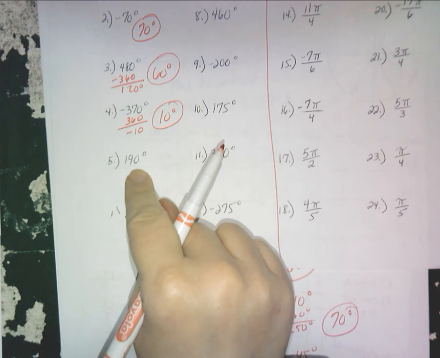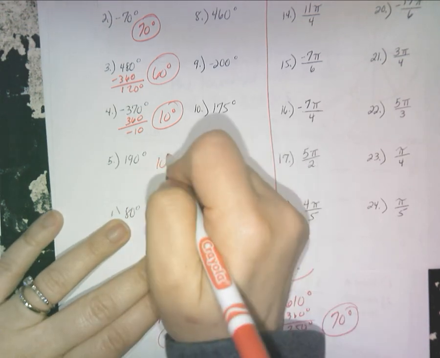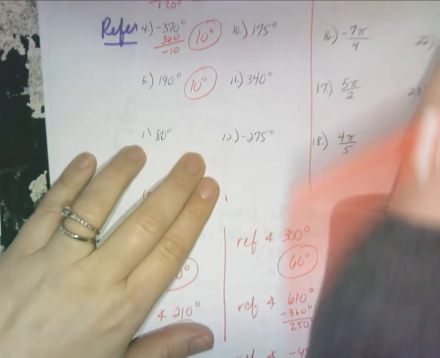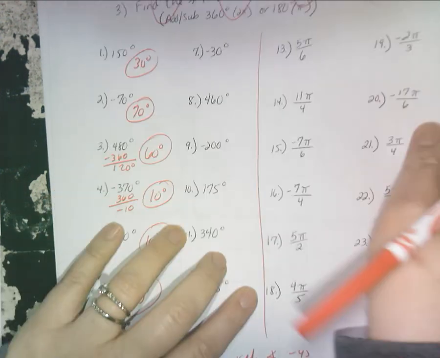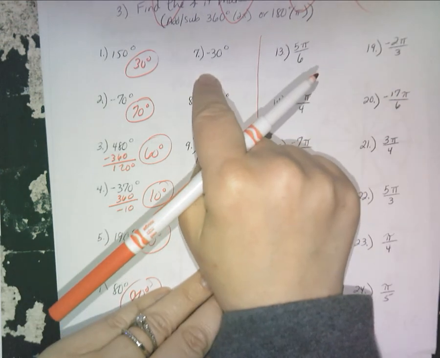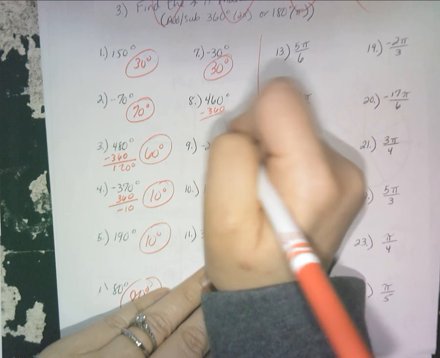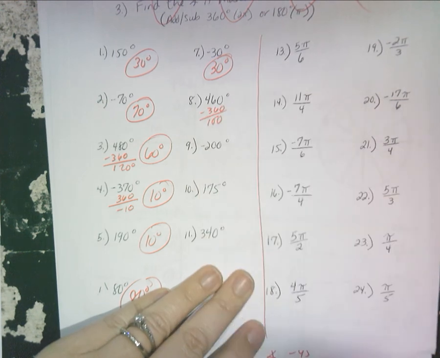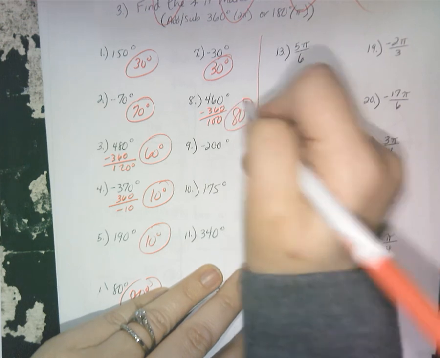190, closer to 180 or closer to 360? By 10, you're closer to 180. 80, isn't that already acute? Done. What's this one? 30. 460, take away a 360, you're at 100. So are you closer to 180 or closer to 360? 180 by 80, that's your reference.